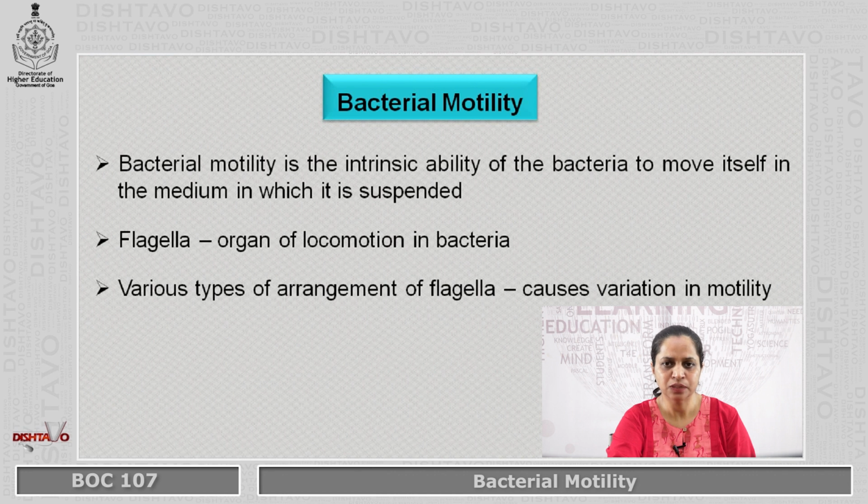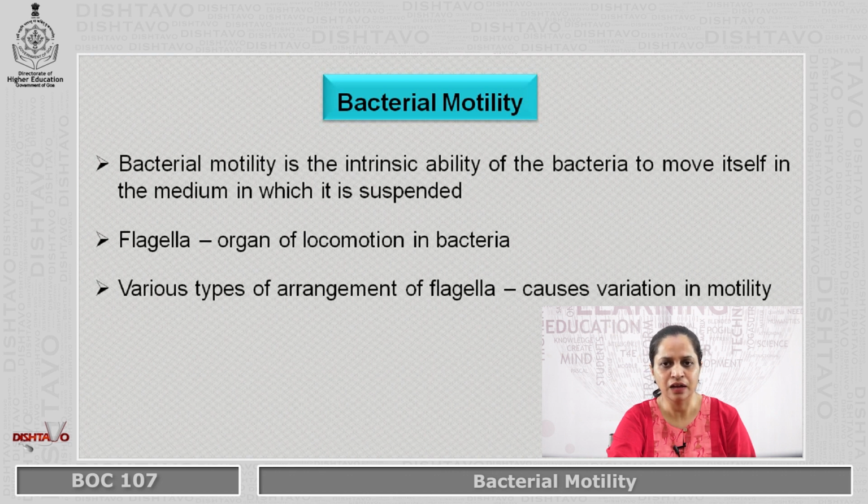Now, what is bacterial motility? Bacterial motility is the intrinsic ability, that is the natural ability of the bacteria to move itself in the medium, that is it might be either solid or liquid medium in which it is suspended. Now, flagella is the organ of locomotion in bacteria.